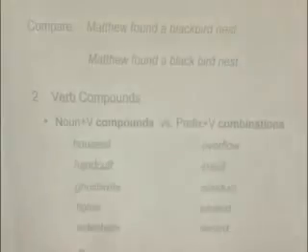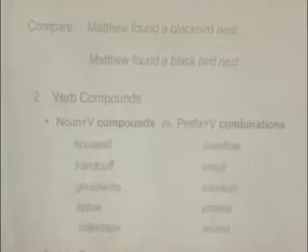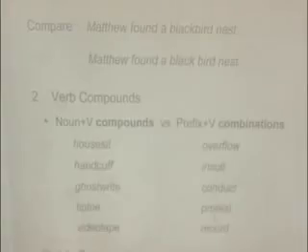Matthew found the blackbird nest. Very good. Blackbird nest. Okay. Yuan, can you say the second sentence? Matthew found the blackbird nest. Blackbird nest. Bird nest. What kind of nest?